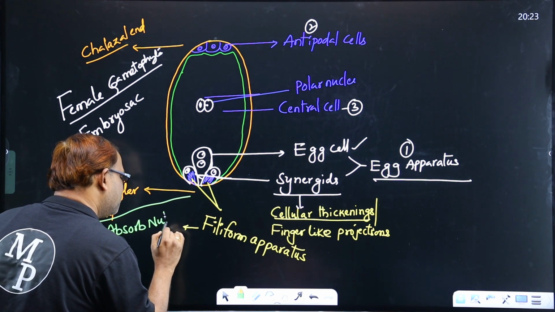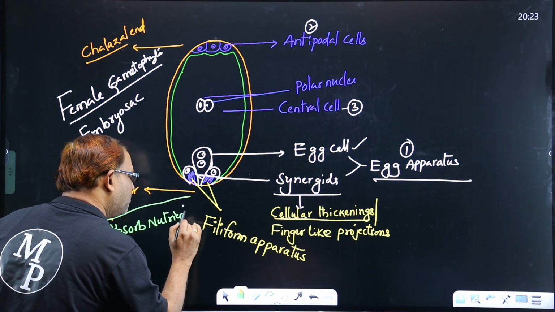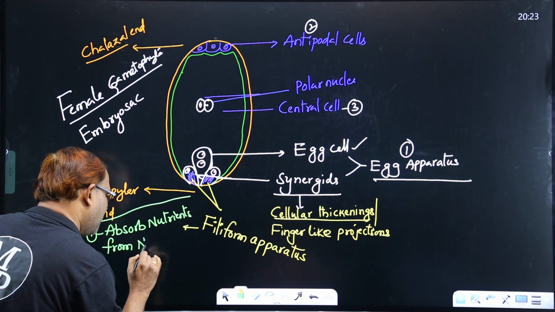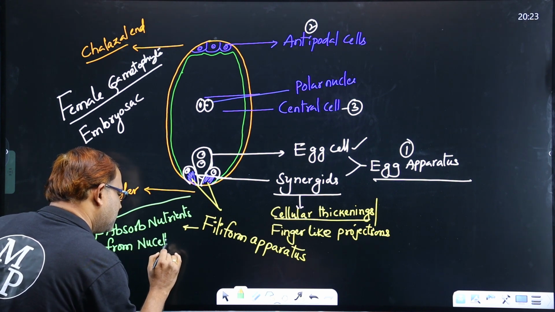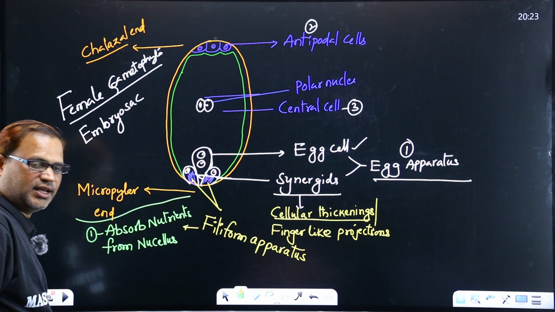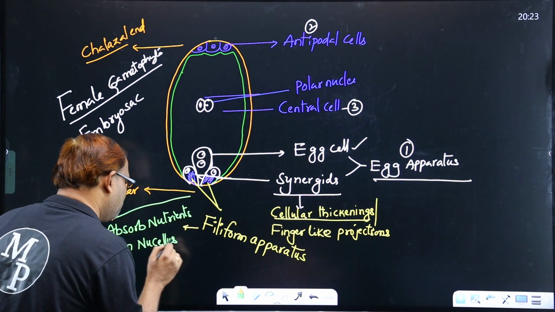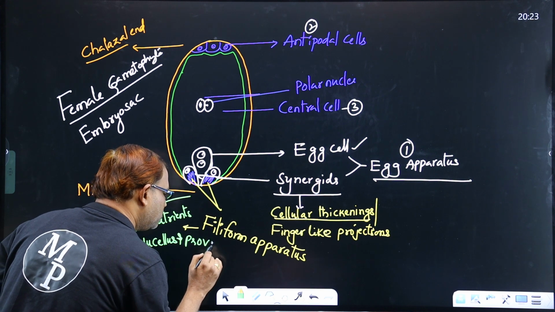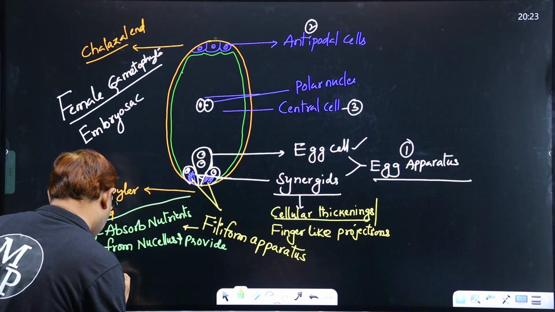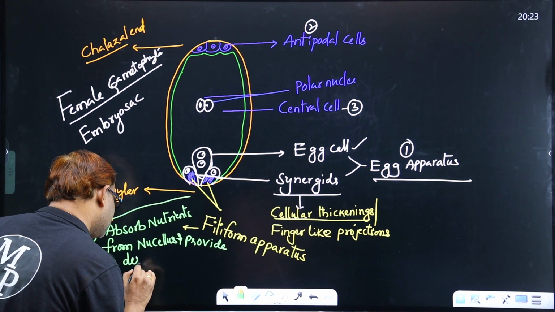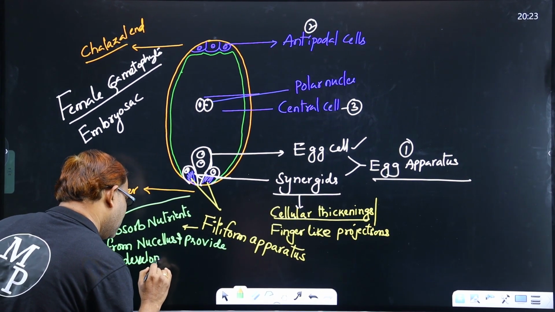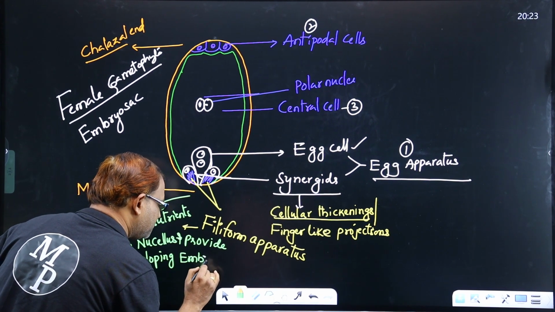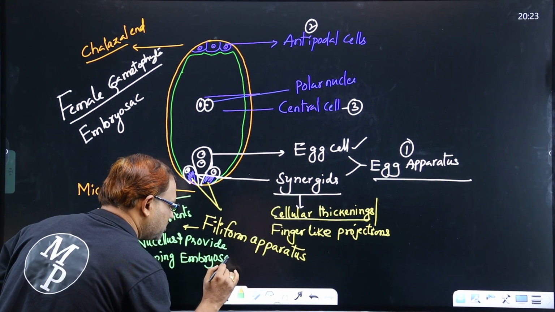I already told you that the nucellus has abundant reserve food materials. The filiform apparatus absorbs nutrients from the nucellus and provides them to the developing embryo sac. This is the first function.